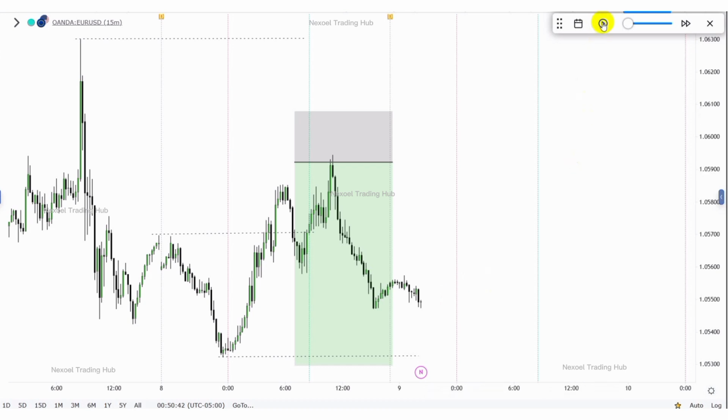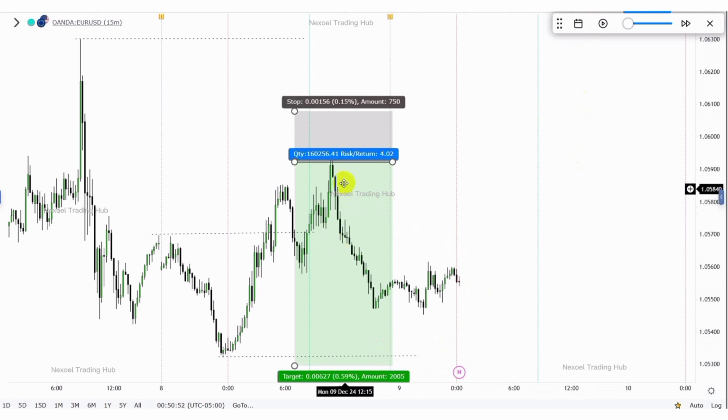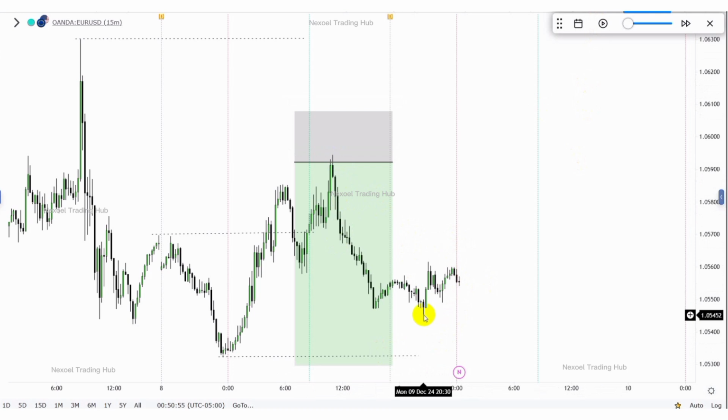So let's play price to see. So here we are. Price is now at the 12 a.m. time. So what we can see is that now this day created, this is the high, and now this is the low point. So now we're in a new day. So price have not taken out the previous low point we've been expecting to see that the market would take out.